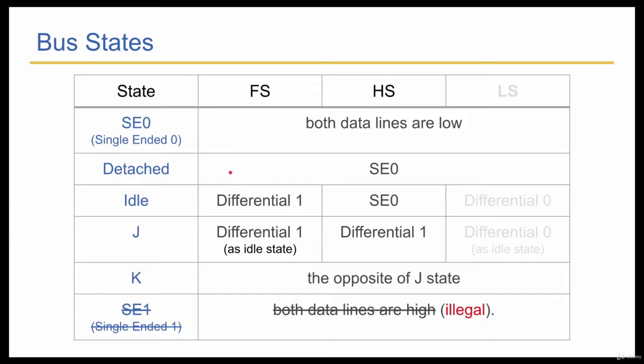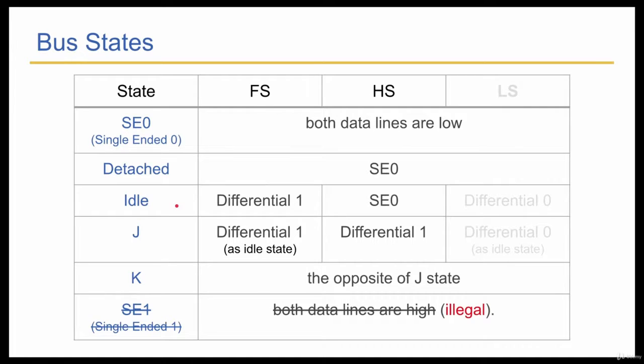I just wanted to mention this to let you know why in the idle state the data lines are no more pulled down, or at least one of them is not anymore pulled down. This is just because one of the data lines at the end at the USB device is pulled up. We don't care now if it is D minus or D plus.